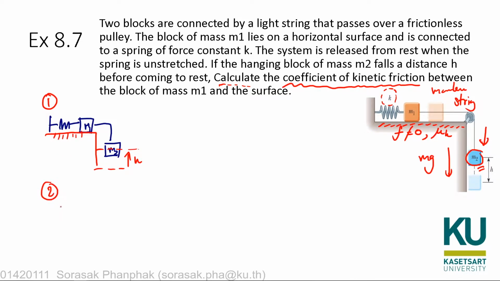As time passes, this object moves further and crosses this, and m2 goes down to the lower position, which is the reference. That means the spring has some extension h for m1. Not only the extension of the spring, there is also some friction happening after motion. So we now consider these two scenarios.